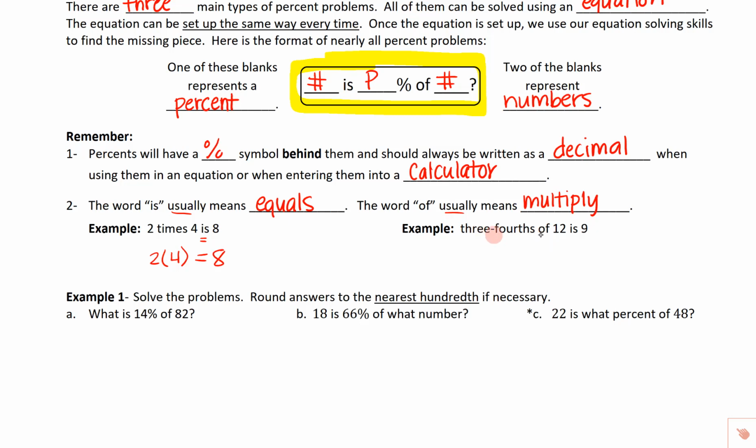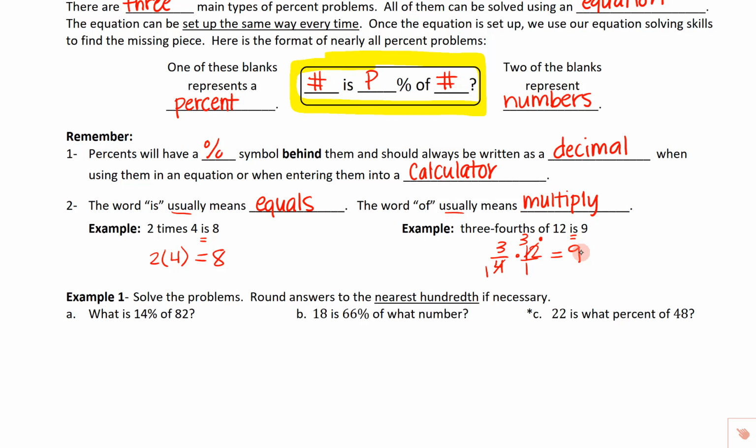So 3/4 of means multiplication, is means equals most of the time. So we would set it up as 3/4 times 12 equals 9. And if you wanted to check your work, you could cross cancel. 4 goes into 4 once, 4 goes into 12 3 times. 3 times 3 is 9.